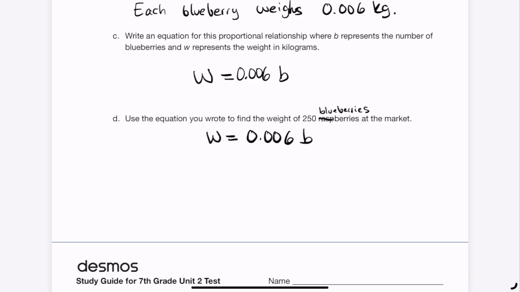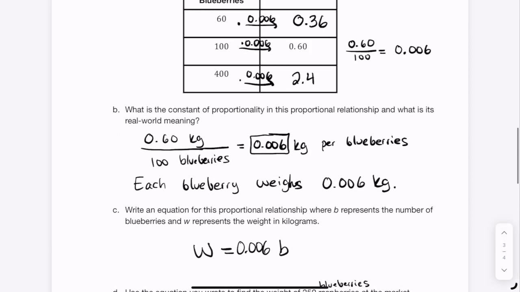Okay, so to do this, here's my weight. I need to figure out the weight, and I know that I have 250 blueberries. So what I'm doing here is I'm going to substitute in 250 for b for my number of blueberries, and then just do exactly what the equation tells me to do and do exactly what I did in the table.